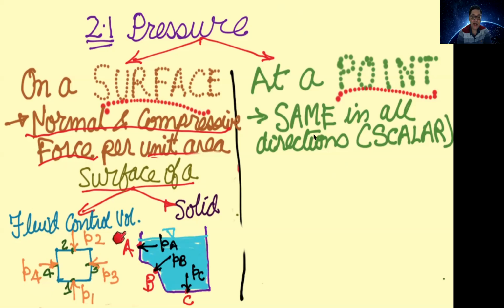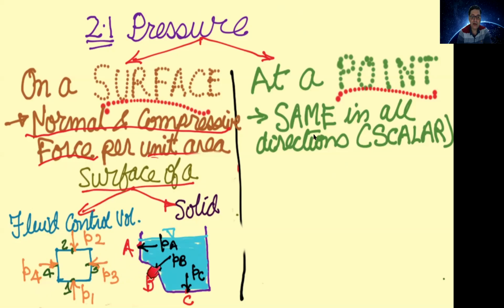Whereas if you consider the fluid, here in this case water, which is in contact with the surface of the tank, three different points have been shown, A, B and C. And at all these surface points, you can see that the pressure is acting normal and inward.